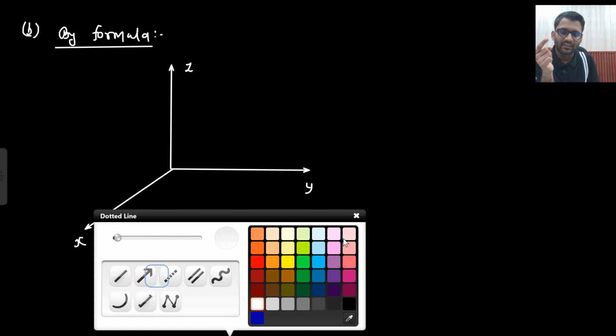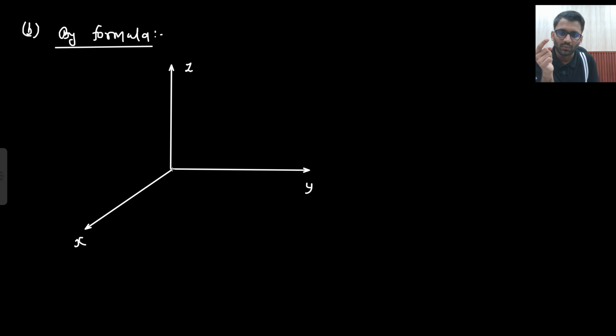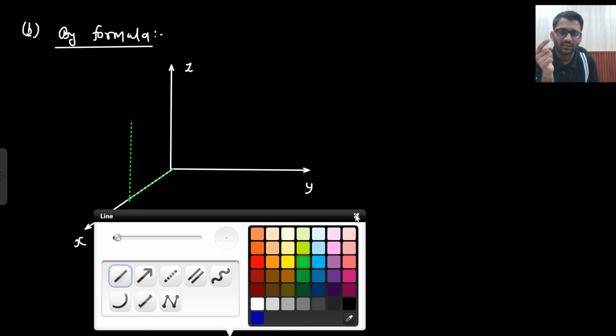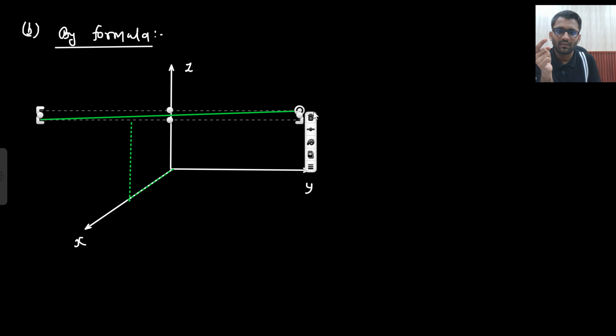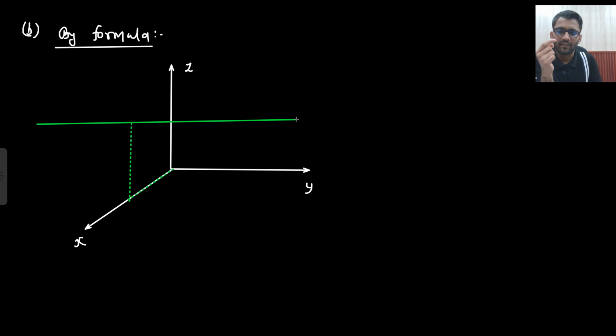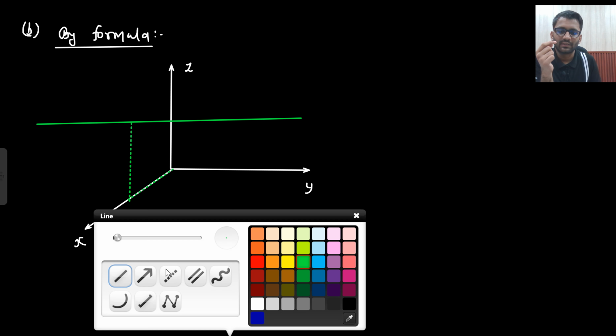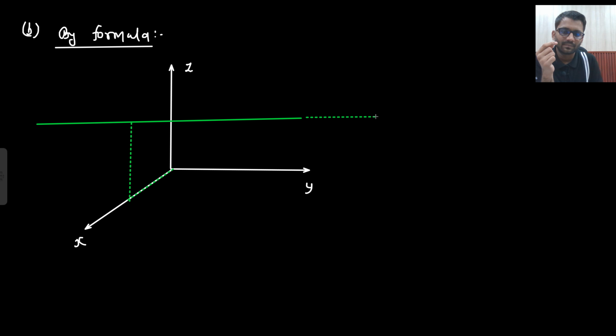In the x direction, you need to work for 2 and in z direction, you need to work for 3. So what will be the line? The line will be parallel to your y axis. Okay. This is the line.